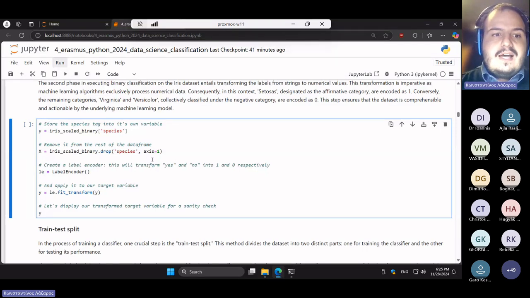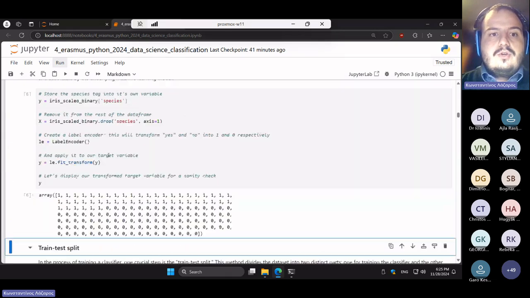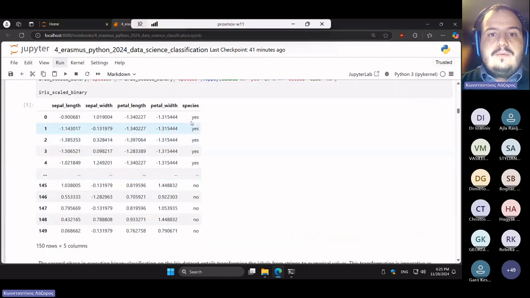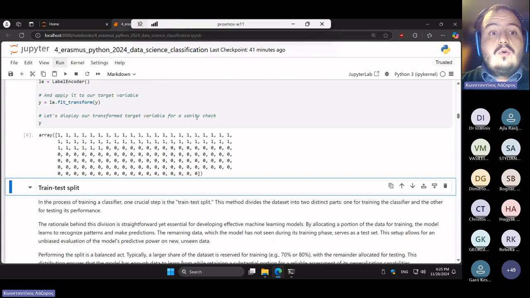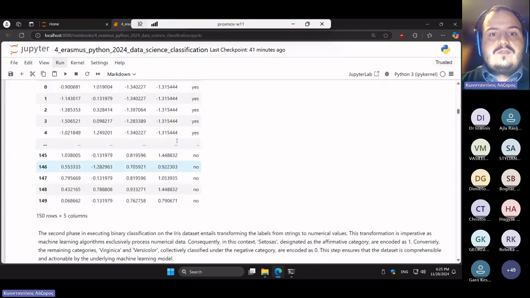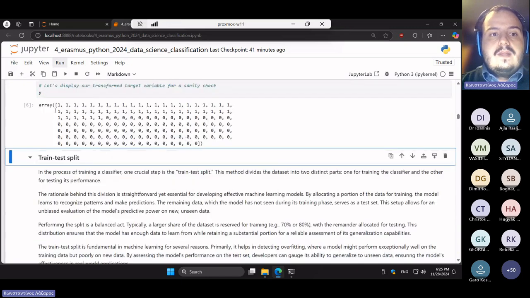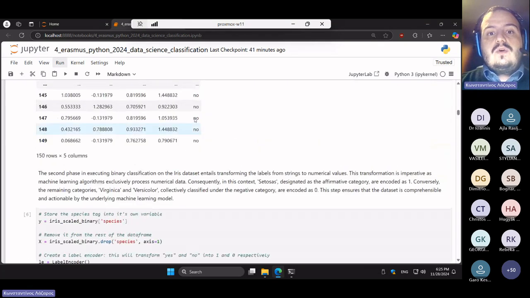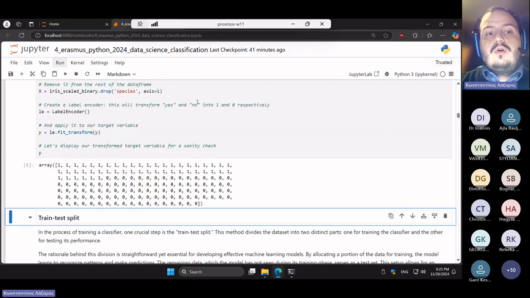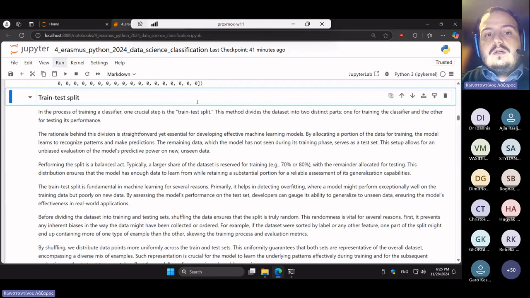If we run this example right there, you're going to see that this feature went from being textual into categorical, yet as a numerical representation. So yes is represented by 1, which traditionally in computer science also equals true, and no is 0, which traditionally equals false, pretty much.